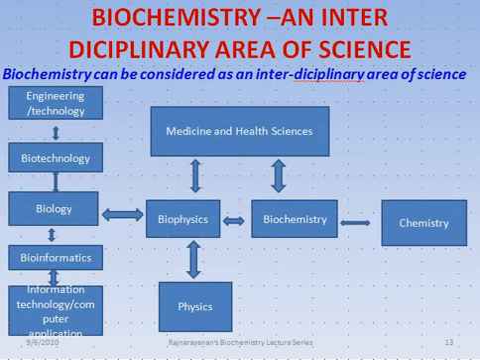So we can call biochemistry a biomedical science, because biochemistry is having applications in biology, chemistry, in physics, and also in different branches of medicine and health sciences.